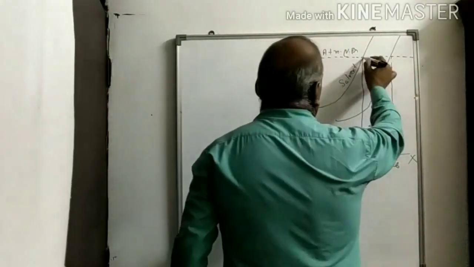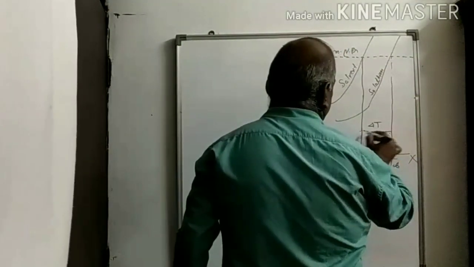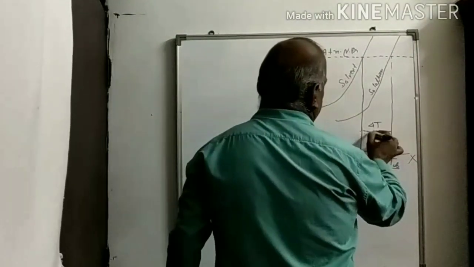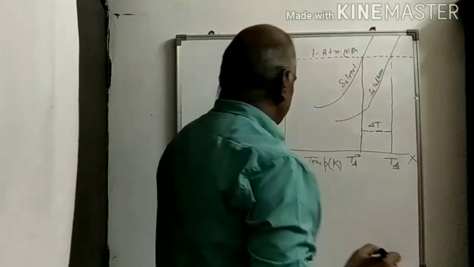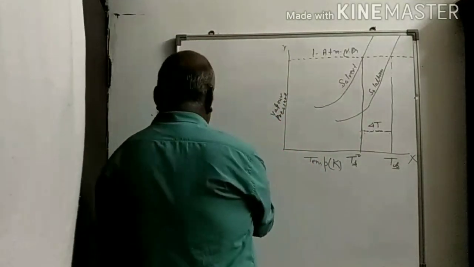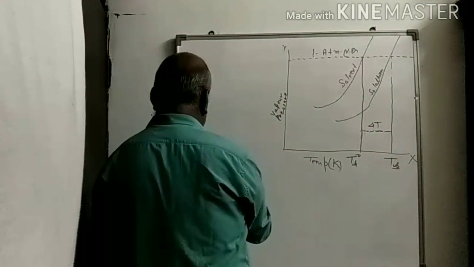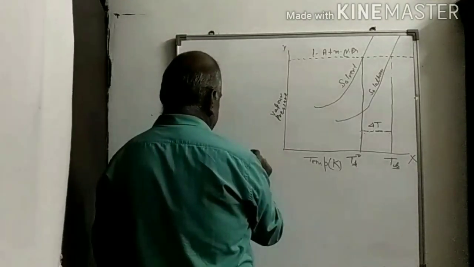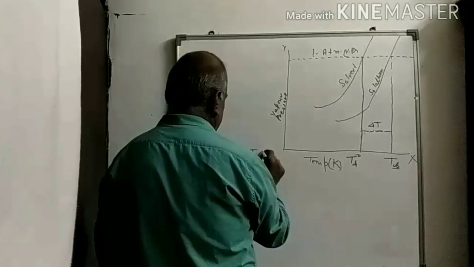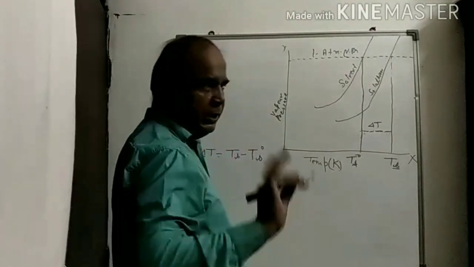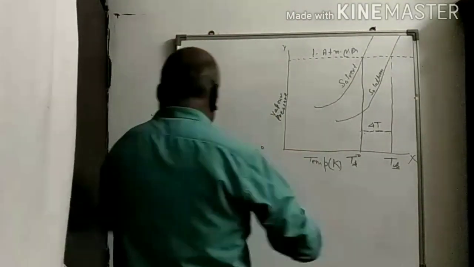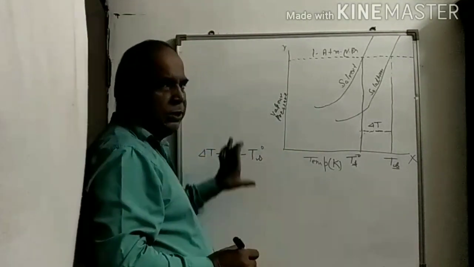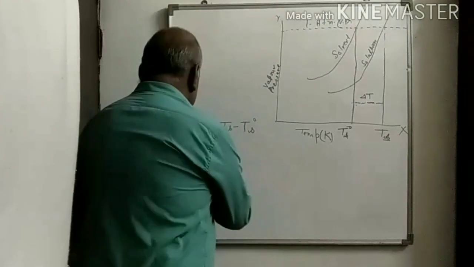Now the difference between Tb and Tb naught is the elevation of boiling point, meaning delta T is equal to Tb minus Tb naught. Is it clear?